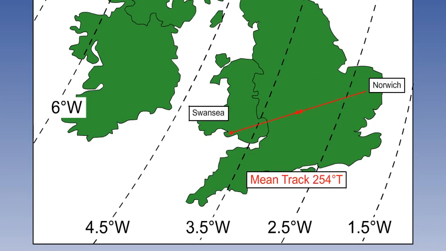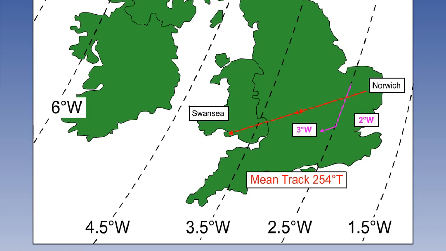However, this route from Norwich to Swansea crosses 2 isogonals. Assume that we need to fly a mean track of 254 true all the way along the route. We start off with a variation of 2 west. We will need a magnetic track of 256. But as we cross the 2.5 degree isogonal, our variation changes to 3 west.